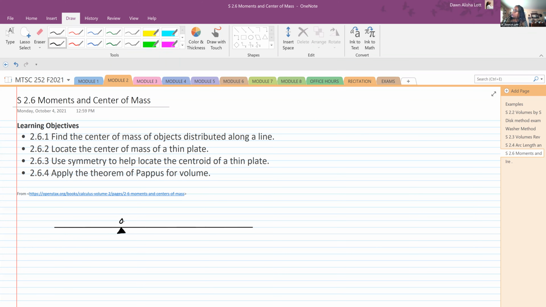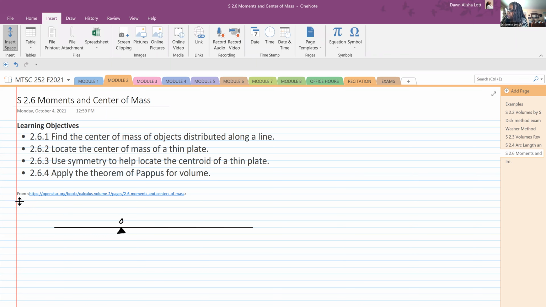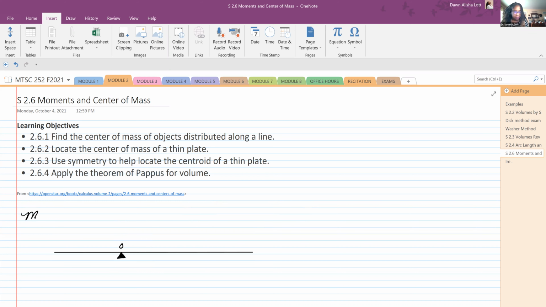Okay, and so I want to just add this one little line in here right before this. I want to put in masses along a line.